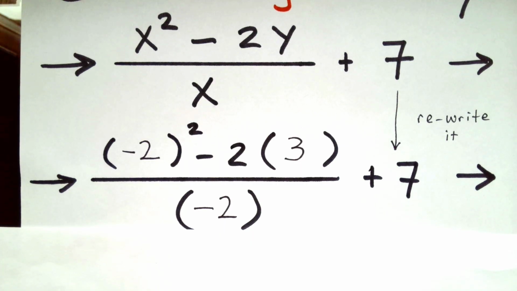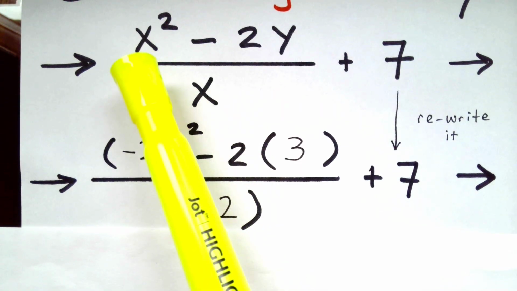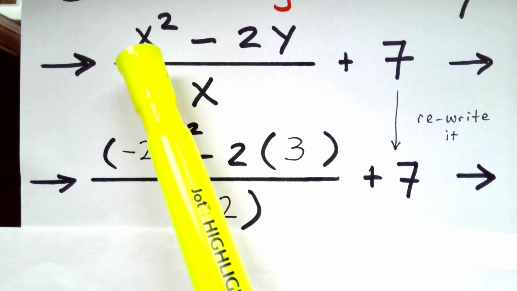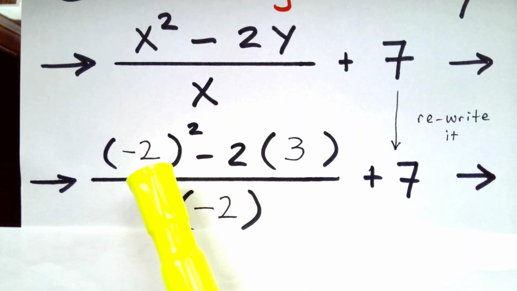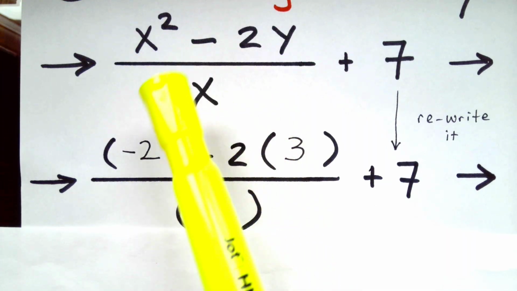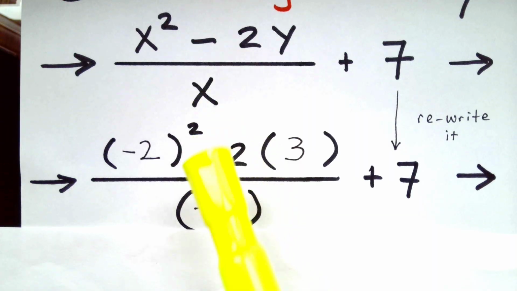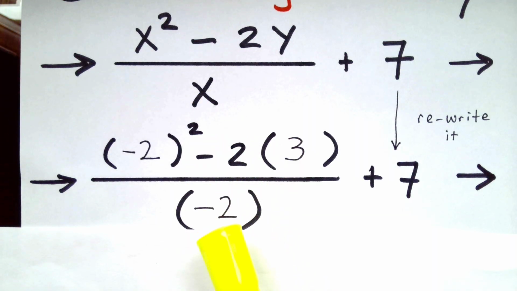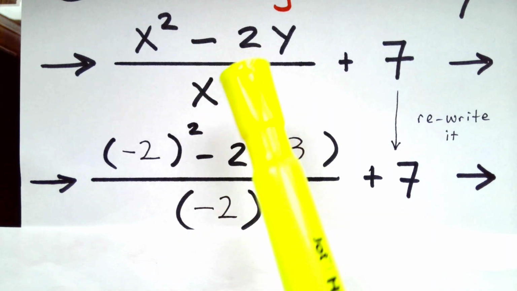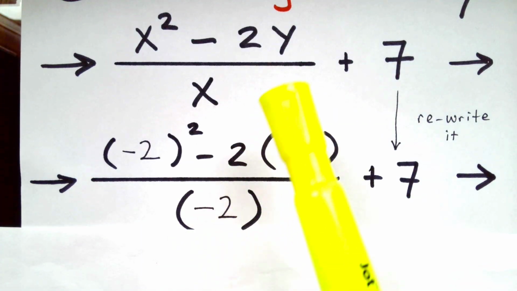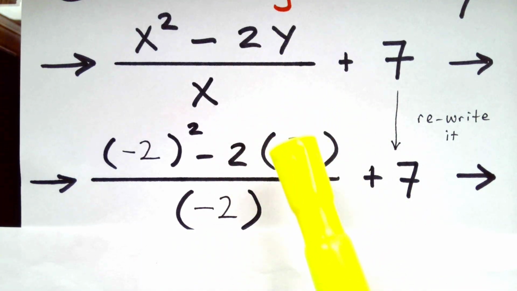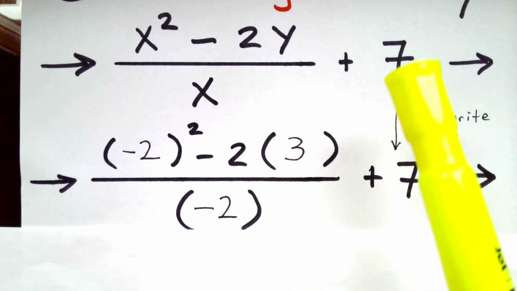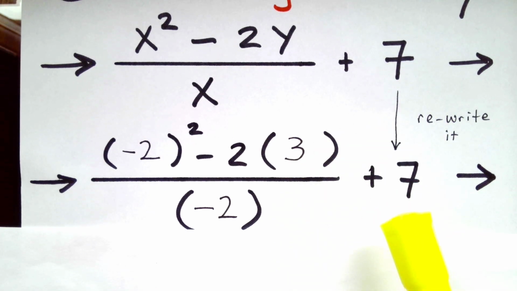Okay, so you can see here, you're going to substitute a negative 2 for the x value here, just like I did down below. Substitute a negative 2 for the x here, just like I'm showing you here below. Rewrite that negative 2, negative 2. Substitute the value of 3 for y. And don't forget to rewrite that plus or positive 7.